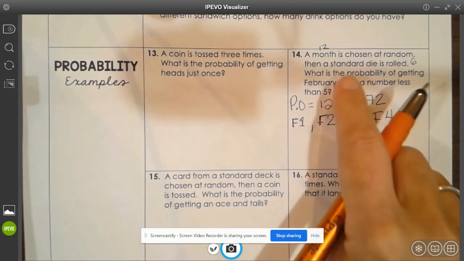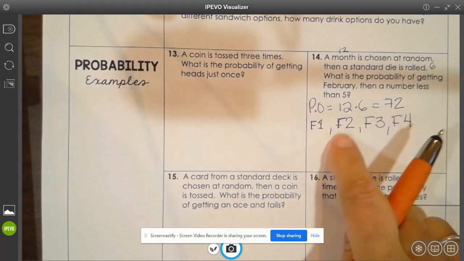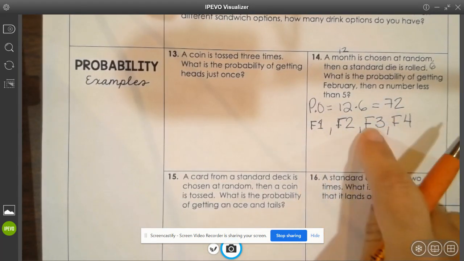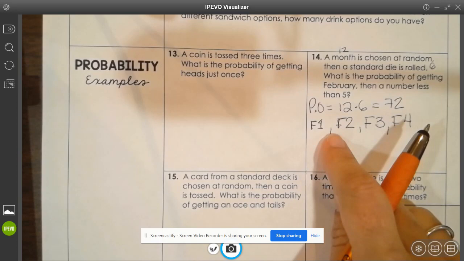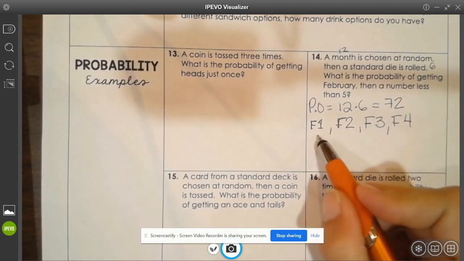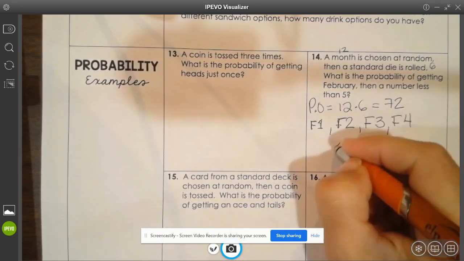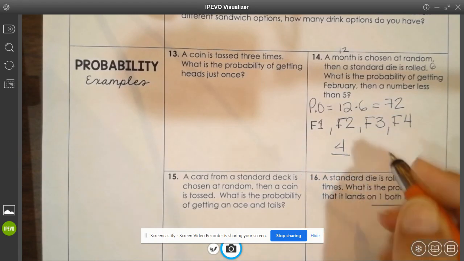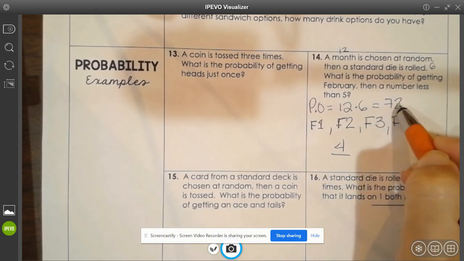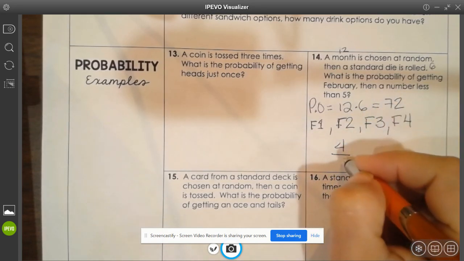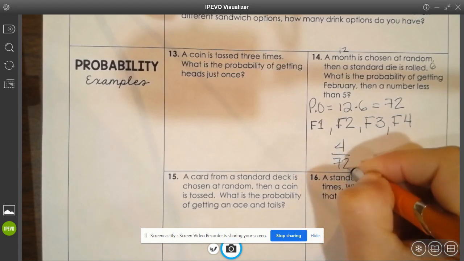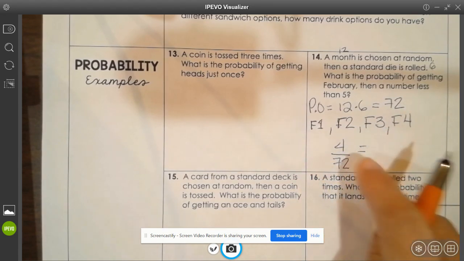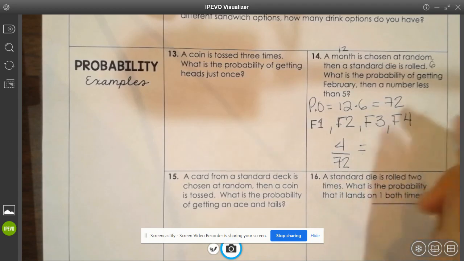So that's 4 over 72, the total possible outcomes. And then you have to simplify this.